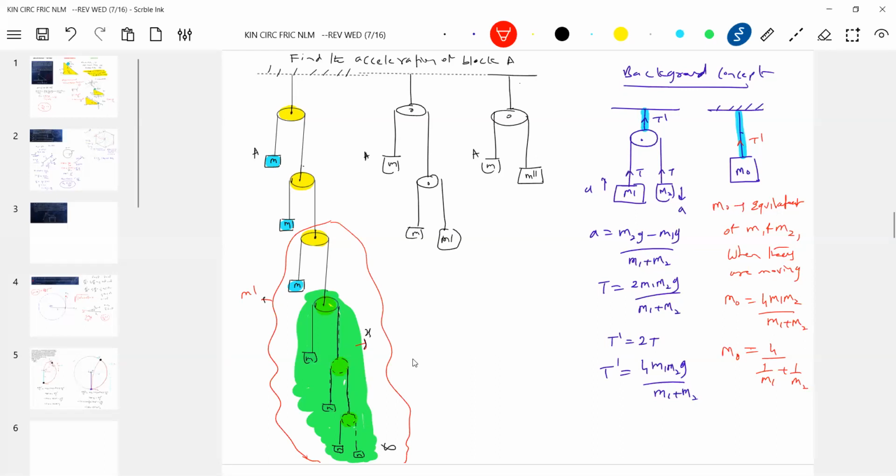Is it okay? So now shall we replace m dash? What is m dash? The equivalent of these moving blocks, because all the blocks will be moving. So what is the equivalent of this entire system? m dash should be equal to 4 by 1 by m plus 1 by x.